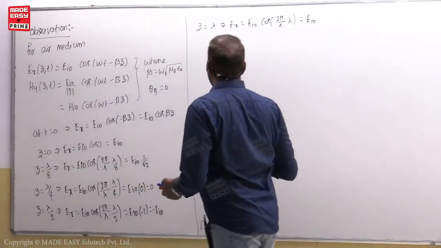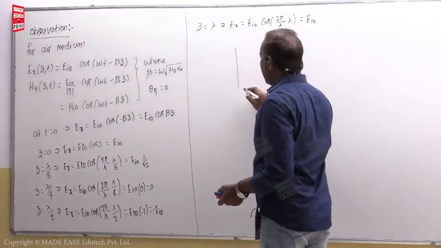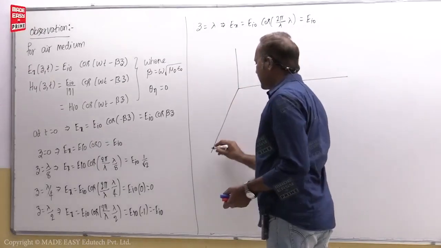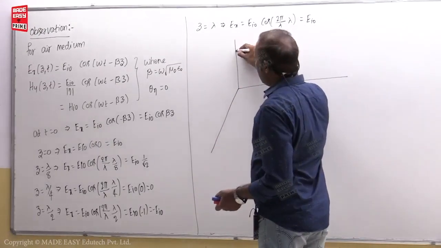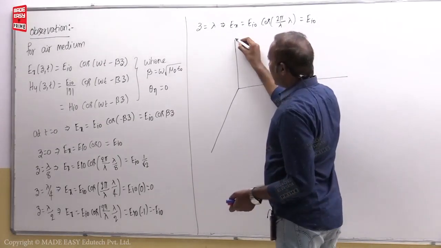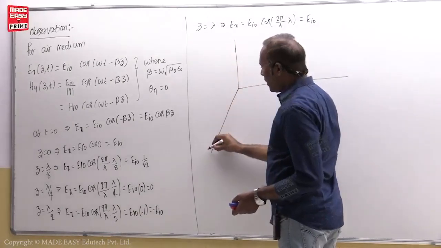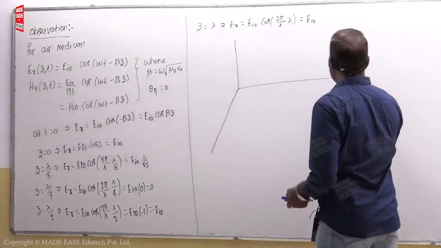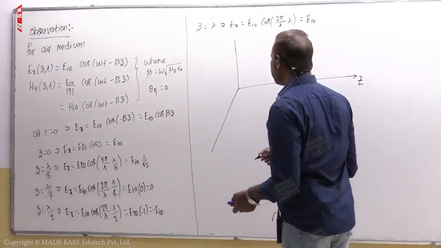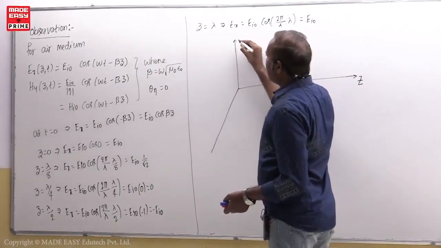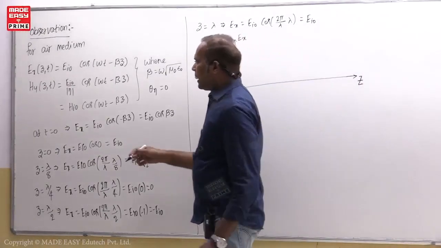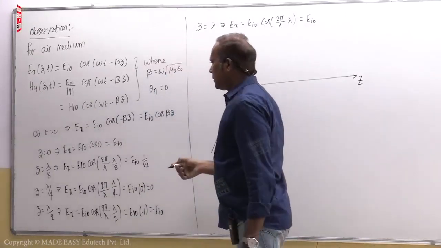Okay, so I am taking the axes now. This is the x axis. If I take it here, then automatically this will be the y axis, and this will be the z axis. So I am taking the z axis here. z is the variable. Now on the x axis I will take Ex, and on the y axis I will take Hy.